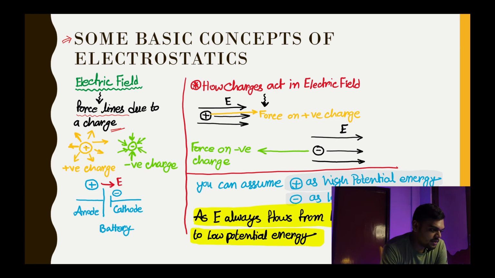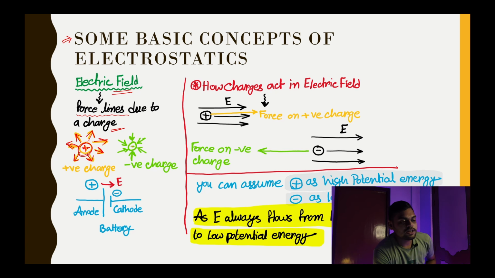As you can see in this PPT, if it's a positive charge, it radiates force lines in all directions, and these force lines are called the electric field. And if we have a negative charge, the force lines are reversed.